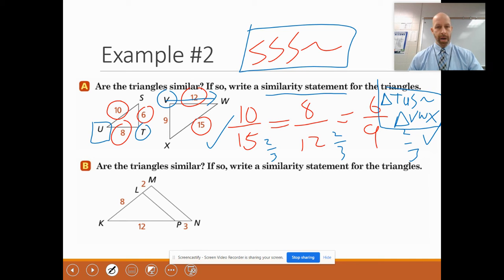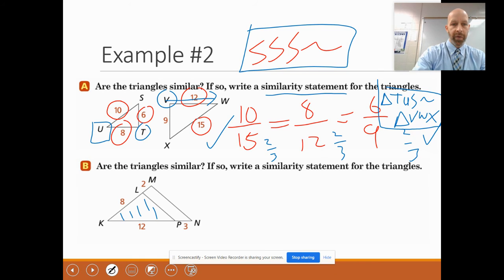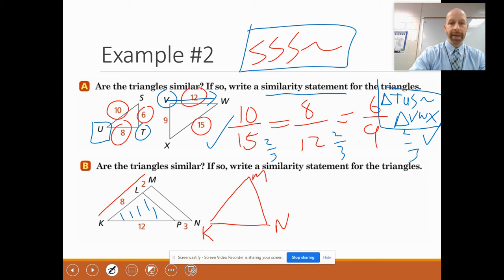All right. Next one, we've got overlapping triangles. So what I might do is highlight this triangle and draw a separate triangle. I'm going to pull this triangle MKN out separately. Okay, so this is K, this is M, this is N. We know that this whole length here has to be 10 because 8 plus 2 is 10.